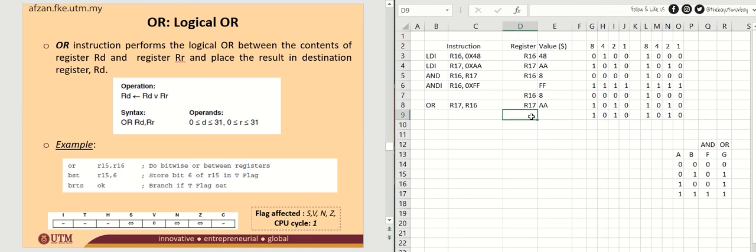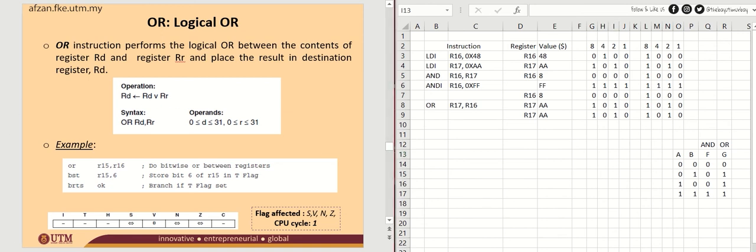And so on for each bit. So now R17 has a new value. What is the value of R17? AA. Similar, why similar? Because your R16 is this value here. So this is R17, 0xAA.